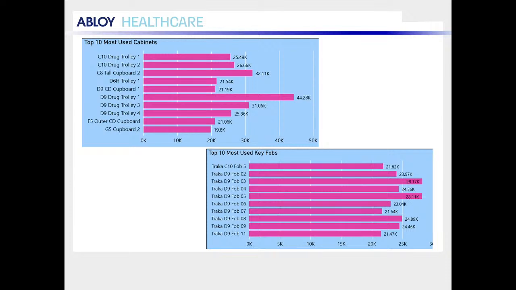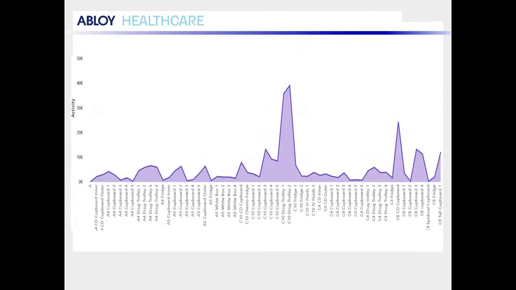So that's useful data again to a trust or a hospital, and you can have that reported in a more visual, graphical format, like you see below, showing your most highly used cabinets and those that are not so. So really good data that can be used in a CLIQ system.